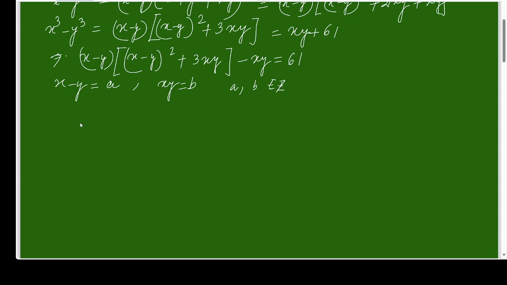So this equation will reduce to a times a square plus 3b minus b is equal to 61.